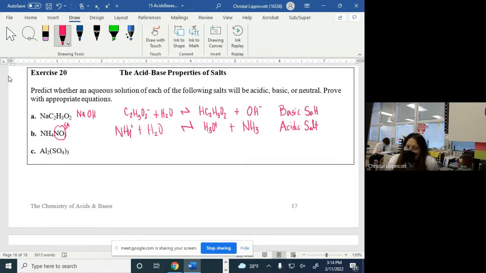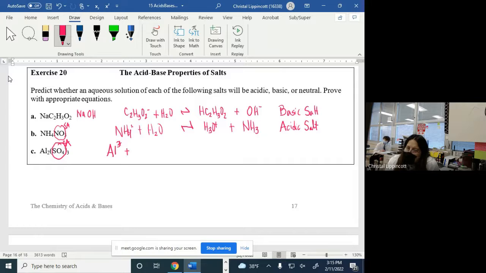Okay, so which one is this going to be? This guy right here would be a strong acid. That means our aluminum is going to come in as a 3 plus.